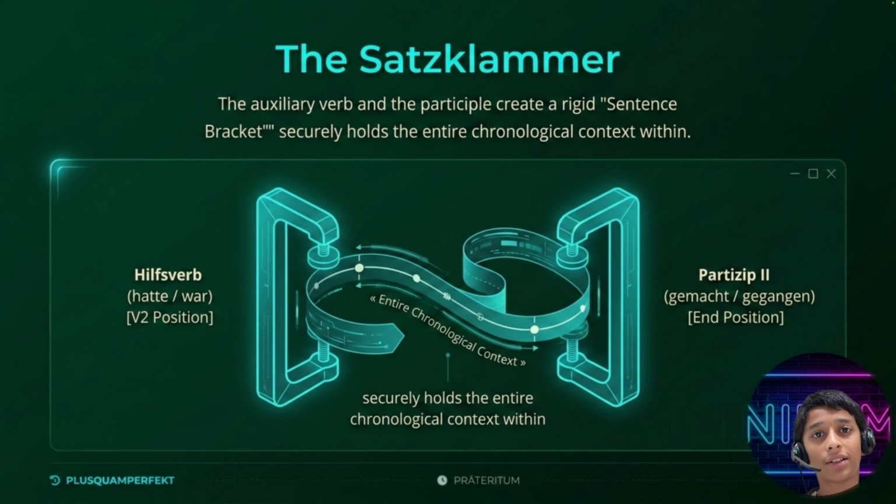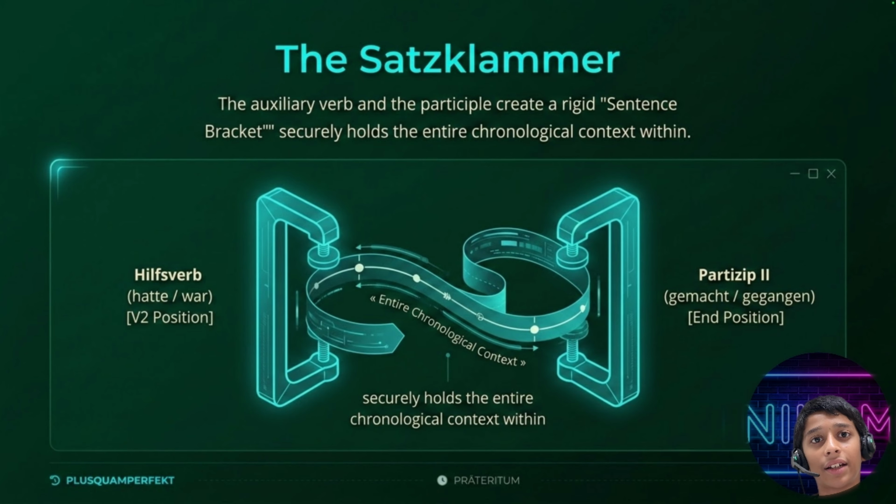Here's the structural concept that's essential for German word order in general, not just this tense: the Satzklammer, or sentence bracket. Picture the graphic on screen. The auxiliary verb hatte or war sits in the second position of the sentence, what we call the V2 position. The participle then gets pushed all the way to the very end of the clause.